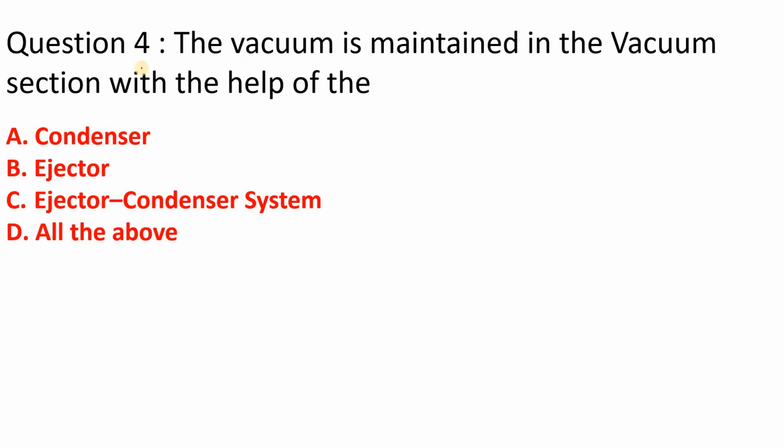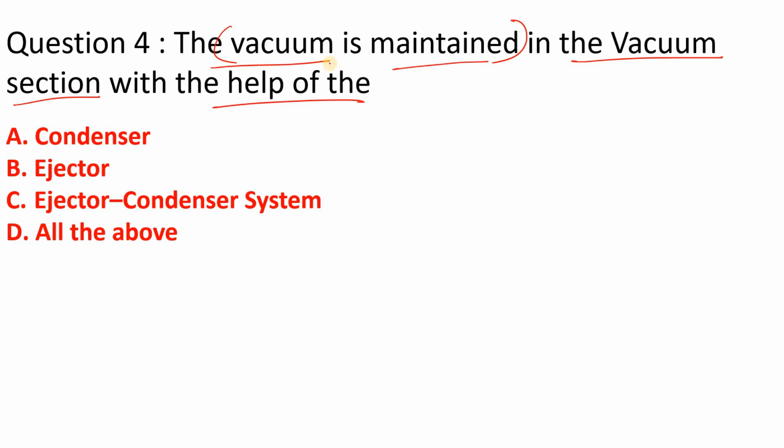Now the fourth question is: the vacuum is maintained in the vacuum section with the help of what? Here we are talking about how to maintain the vacuum in the vacuum section. We are not talking about how to create the vacuum.